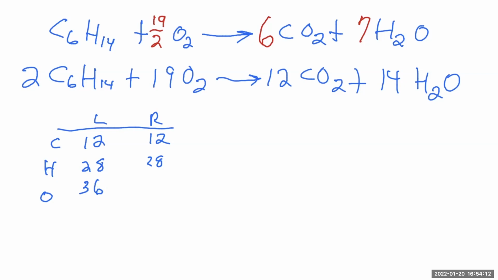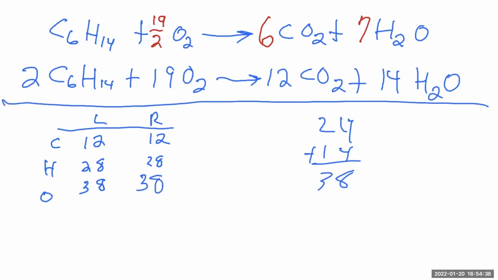There you go. Get rid of the 6. It's 38. And on the right-hand side, 12 times 2 is 24, then plus 14. That's 38. Perfectly balanced equation right there. That's what you want.